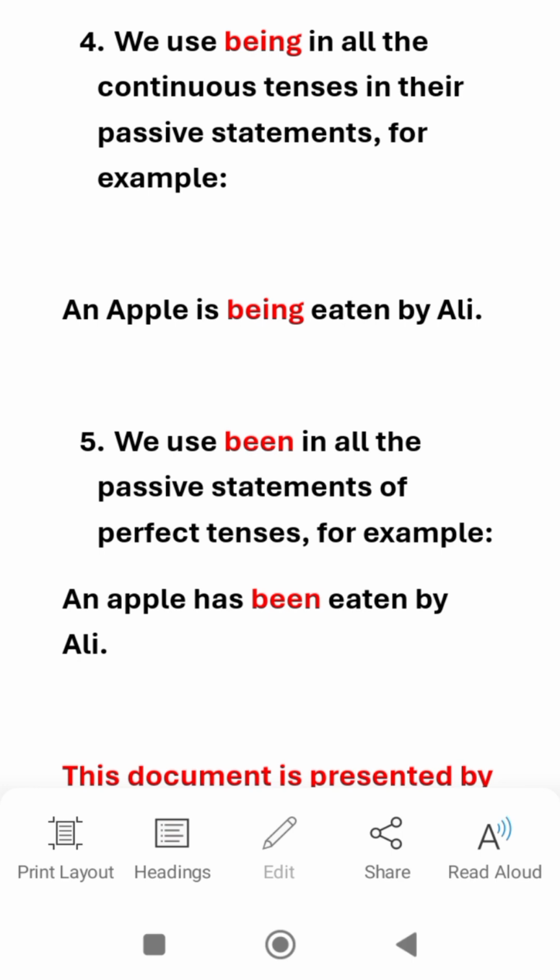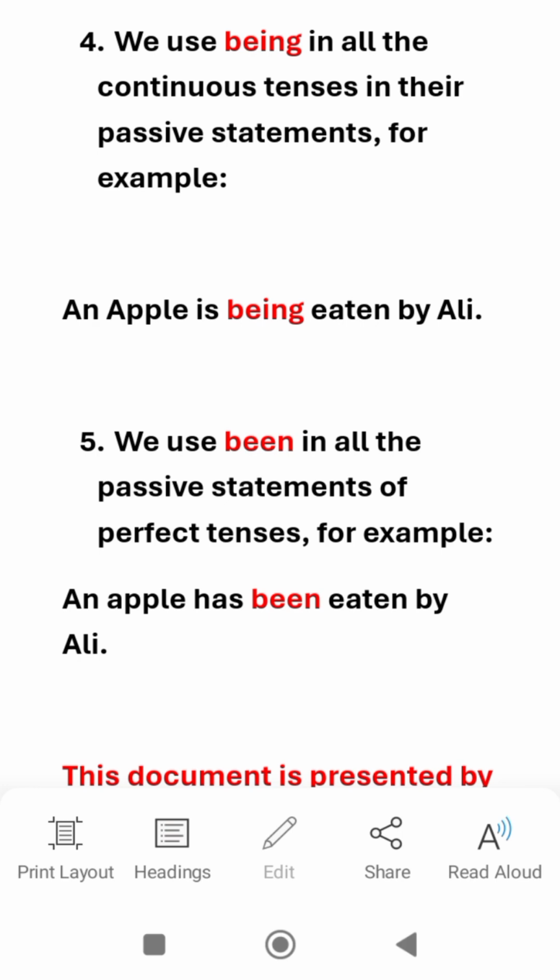We all know that in continuous tenses we have present participle used as a verb. Verb plus ing. For example, I am walking, she is eating, they are sleeping. So basically all these verb plus ing or present participles are used in continuous tenses. I am eating, he was walking, so on and so forth.